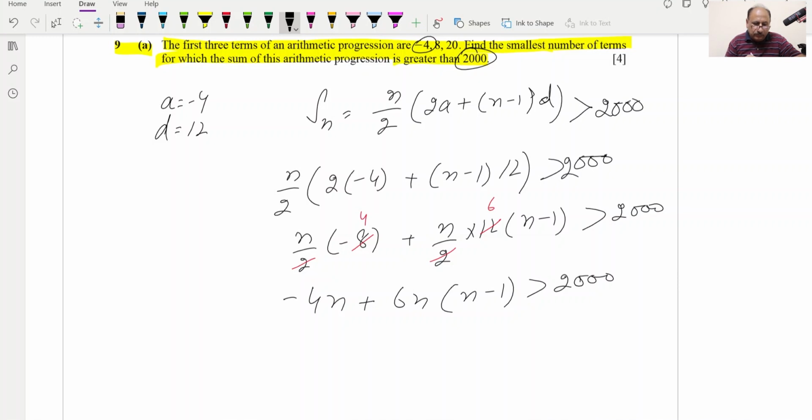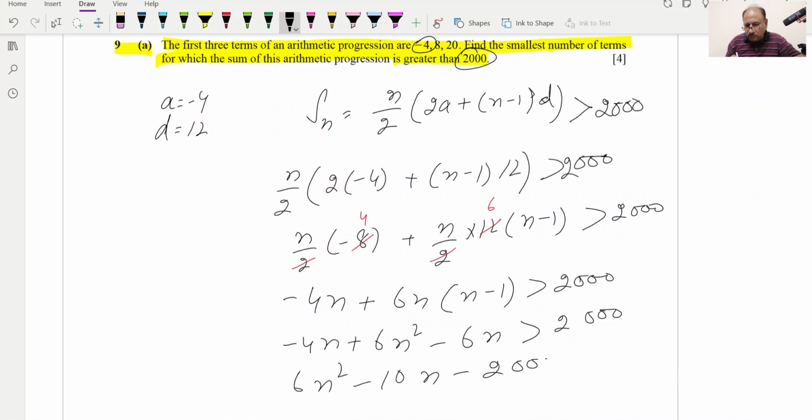If we open the bracket, we get -4n plus 6n squared minus 6n is greater than 2000. So this implies 6n squared minus 10n minus 2000 should be greater than 0.